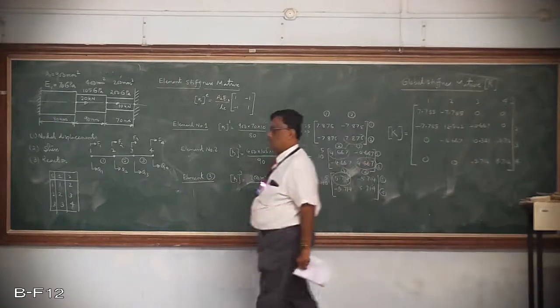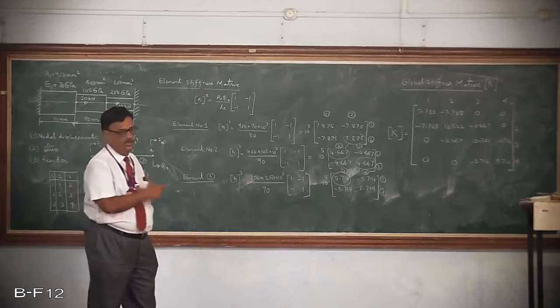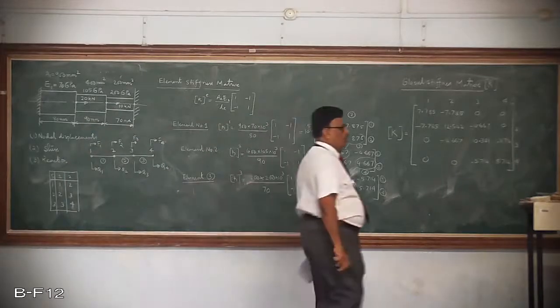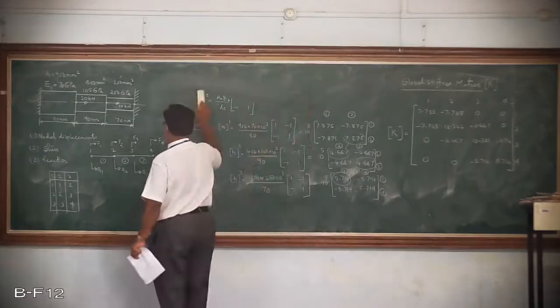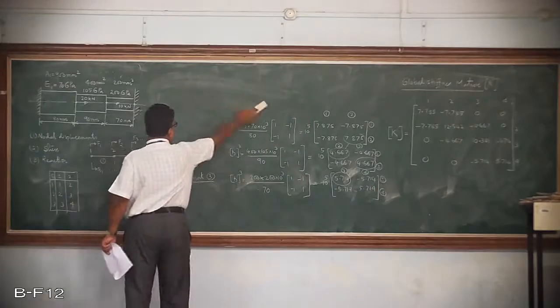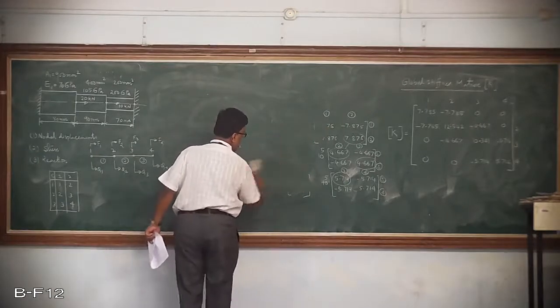So once you have completed the global stiffness matrix, now let us write the load vector, because there are two loads which have been given here. So we need to consider those load vectors. So therefore, let me write this load vector.